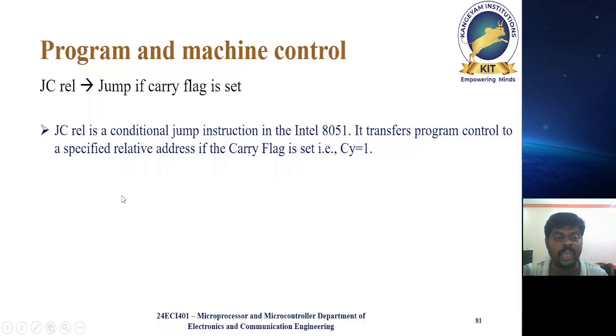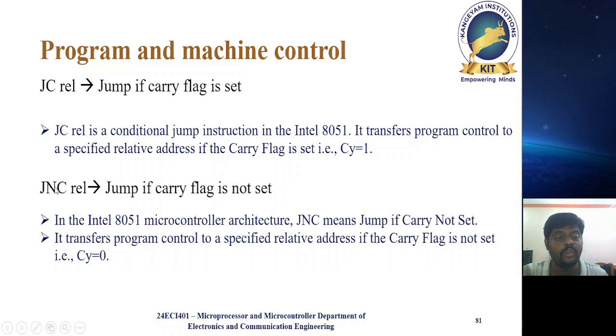Another one is jump on no carry, which means if the carry flag is not set, that is, if the carry flag is 0, then this condition is true, and the CPU will transfer its control to the corresponding memory location. So this is one way of checking carry. We can use jump on carry or jump on no carry, depending on what kind of program you are writing.